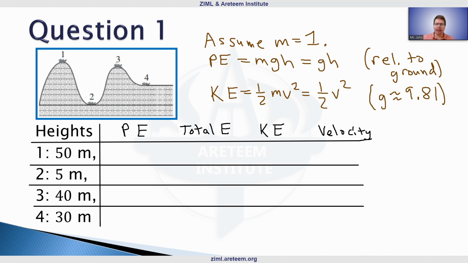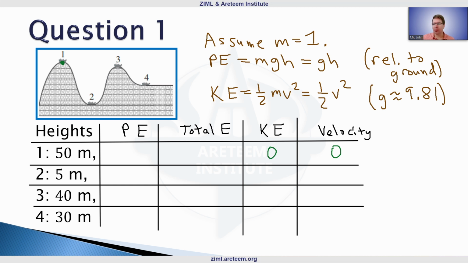Now, why am I doing it this way? What's the strategy here, and what's with this somewhat weird ordering? Well, let's think about that first point. We know at this point at the top, our assumption was that the velocity is 0, meaning the kinetic energy is 0.